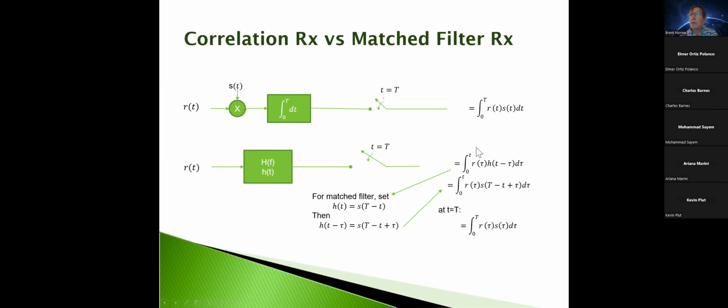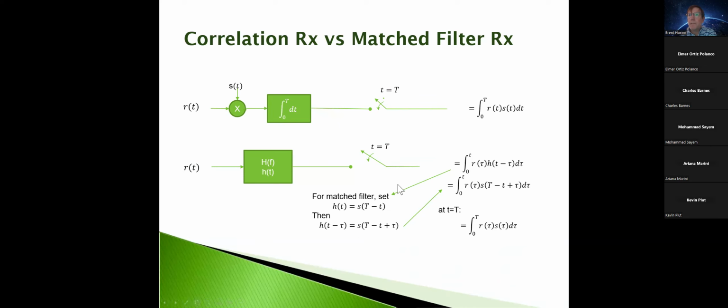And now we're going to look at the output of this, continuously convolving the input signal with the impulse response of the filter, and at any given time t, we're going to look at the result of that integration, right? So we're going to do this in terms of this tau, and it's going to give us a result that's a function of t. We're going to integrate out the tau, and we'll end up with a function of t.